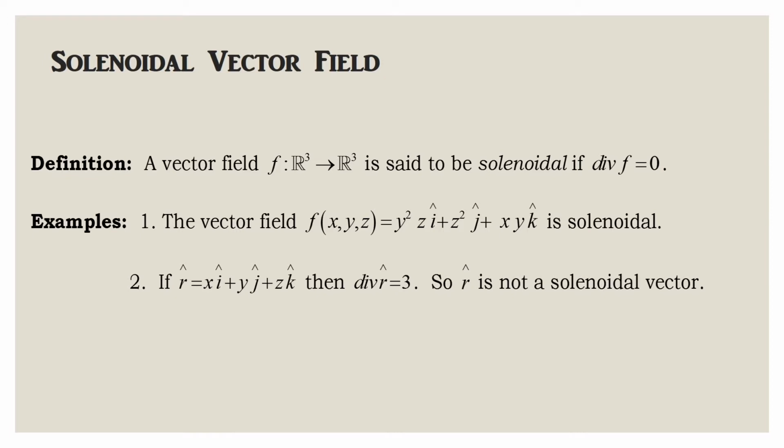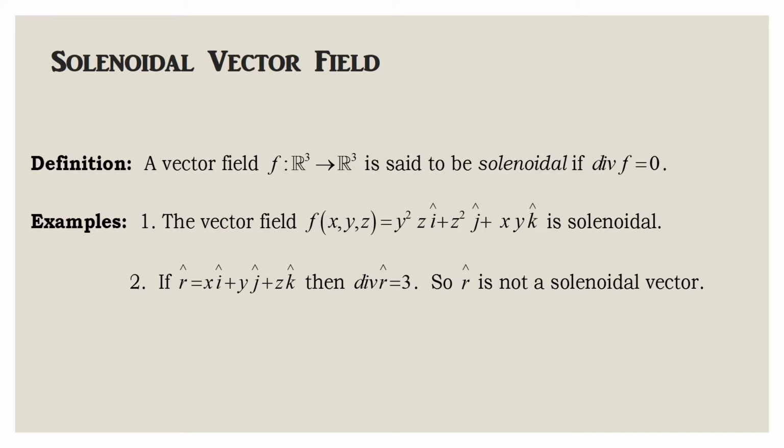If we find dou f1 by dou x, it is 0. Similarly, dou f2 by dou y and dou f3 by dou z equals 0. Hence, the divergence of this vector field is div f equals 0. So, in this example, f of x comma y comma z equals y square z i cap plus z square j cap plus xy k cap. It is solenoidal because its divergence is 0.